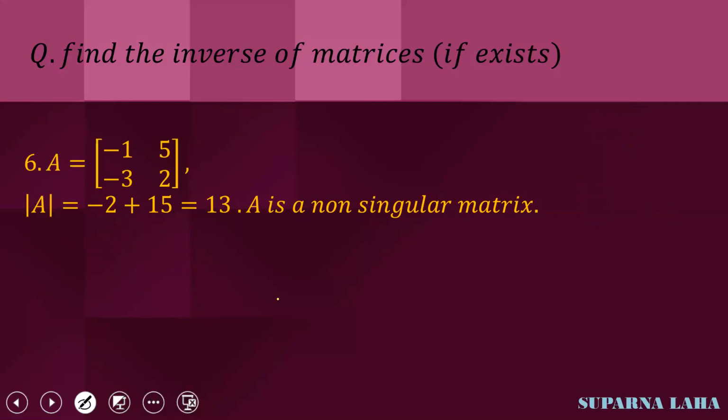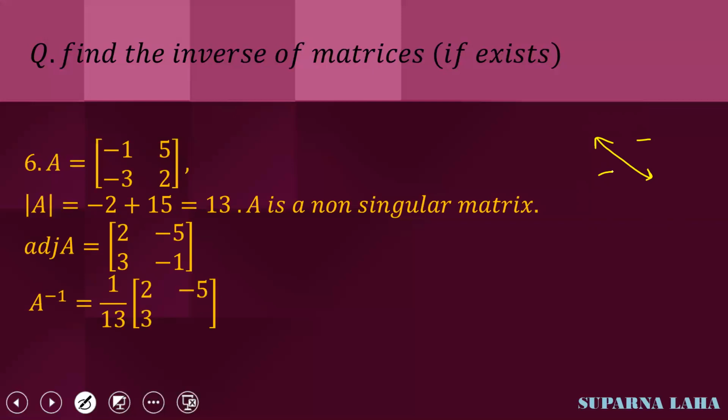Firstly, find this adjoint, that is, exchange the diagonals and add minus to off diagonals. So that will be 2 minus 5 plus 3 and minus 1. That will be your adjoint, and just divide this adjoint by the determinant of A. So you will find A inverse.